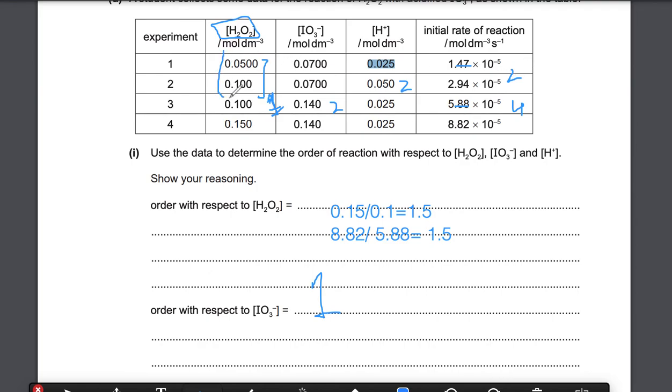But we know that the first order reaction was this one, for the high H2O2 one, right? So this shows that hydrogen ions do not affect the rate of reaction, because if there had not been H positive in the reaction, it would still have been a first order reaction. It would still have been 2 and 2 over here.